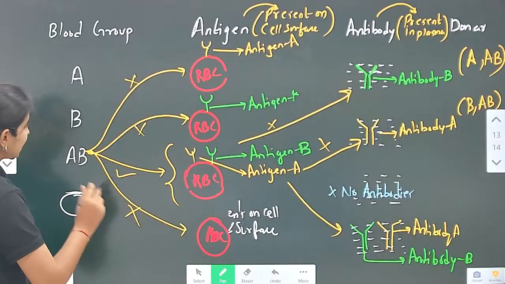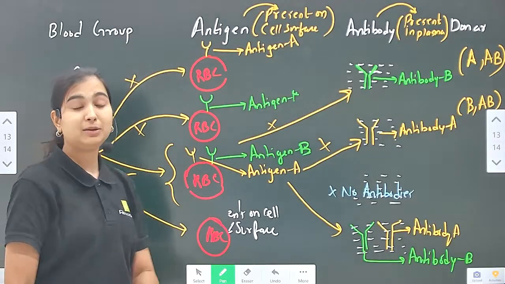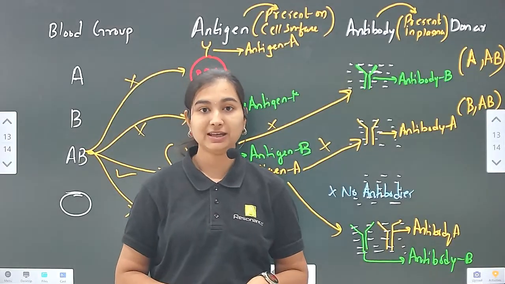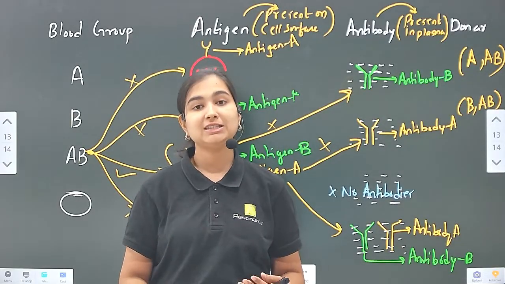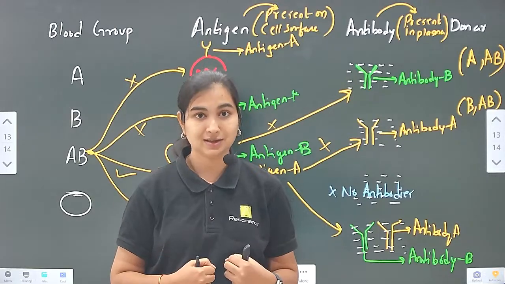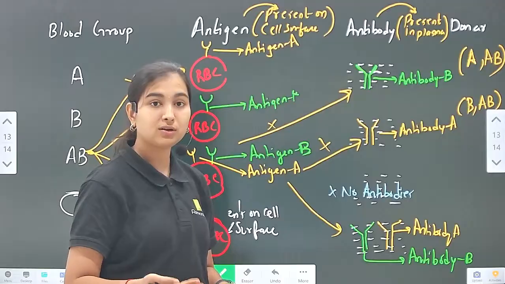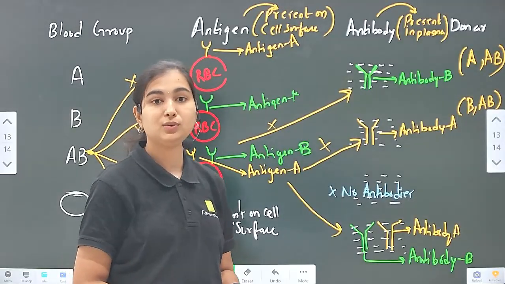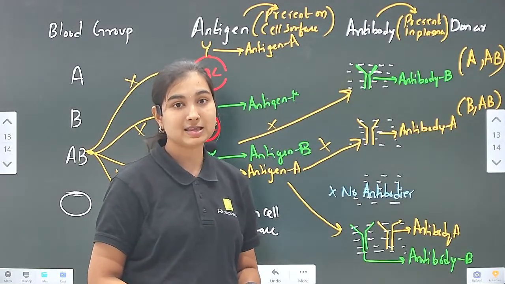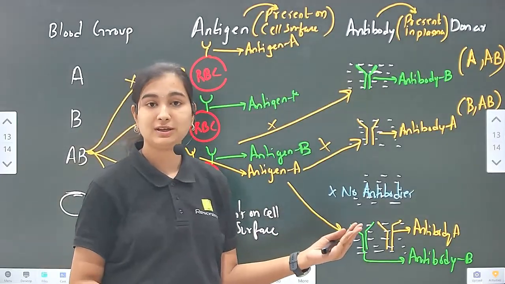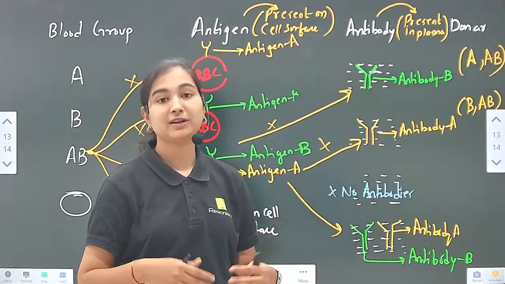So what we can say is that AB cannot donate blood to any other blood group, but it can receive blood. That's the reason we say it is the universal recipient. It can donate blood only to itself.